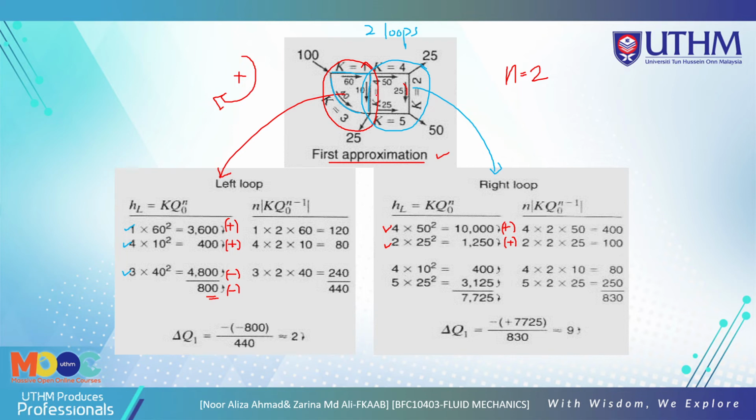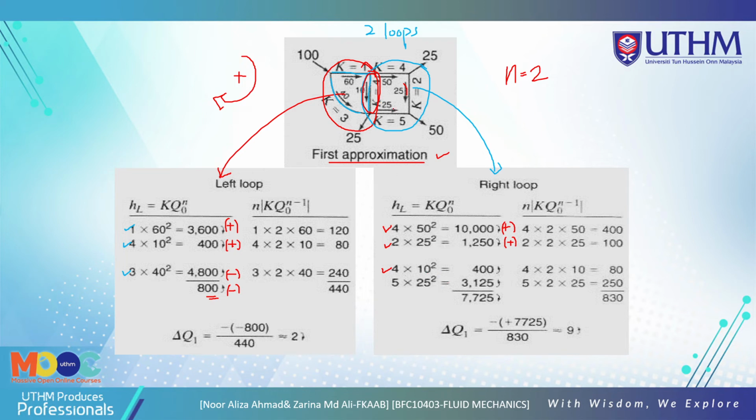And the 10 here is the same, because this pipe is shared with loop 1 and loop 2. So K4 here is 4 times 10 squared.